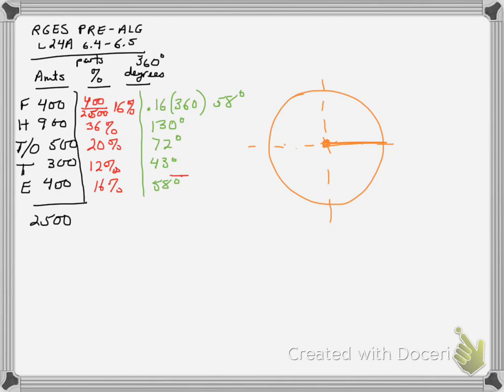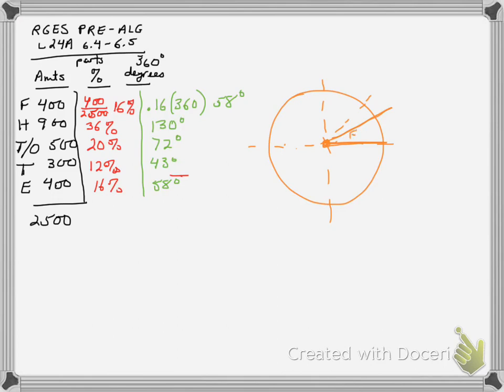Now you're going to measure up. For food, I'm going to measure up 16 degrees. Now, this would be 45 if I were going this far. So 16 would be not too much here. Maybe like that. Okay. And this would be food.